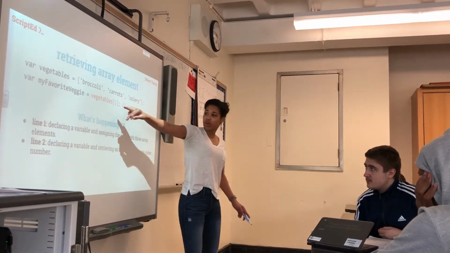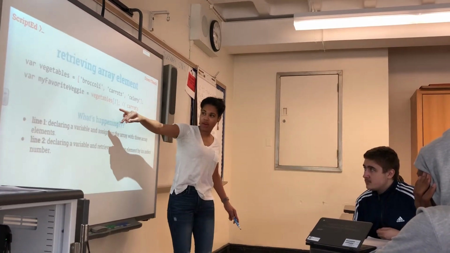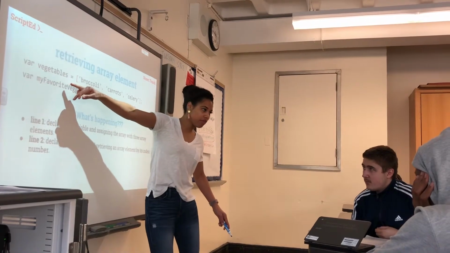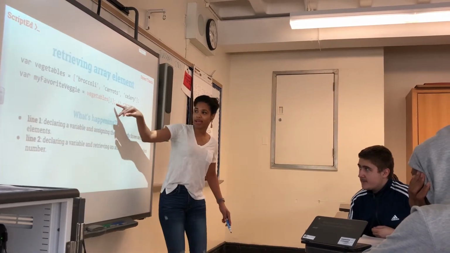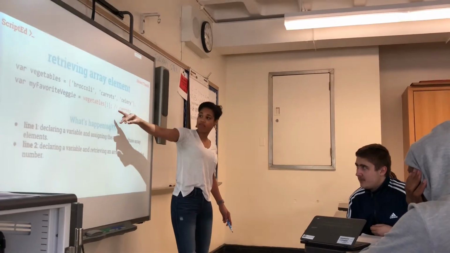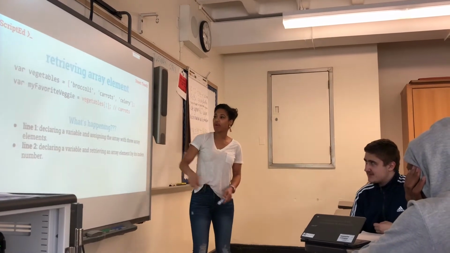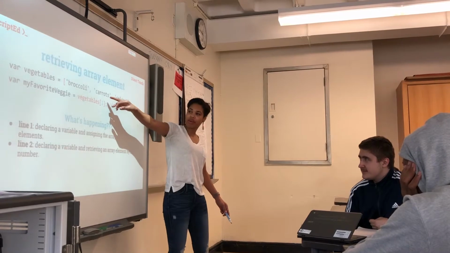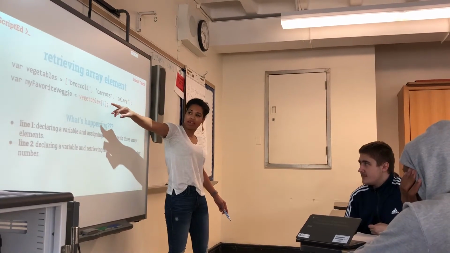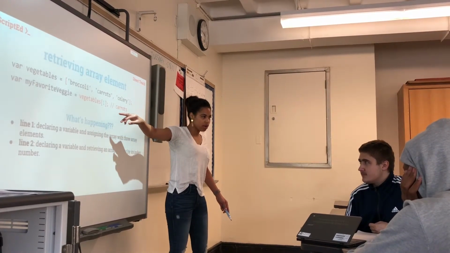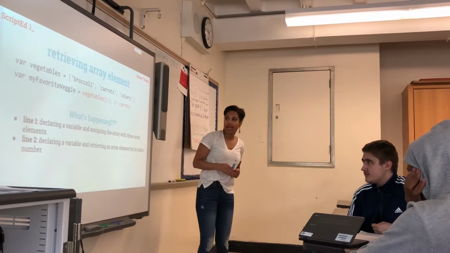Exactly. So in code speak, we would say: take the variable name of this array, and in brackets, because it's an array, give me the index of whatever number I want. If I want to get the word carrots, I'm going to say vegetable of 1.